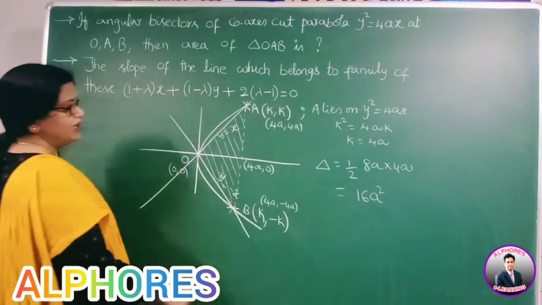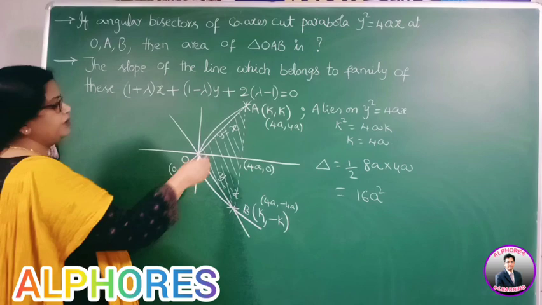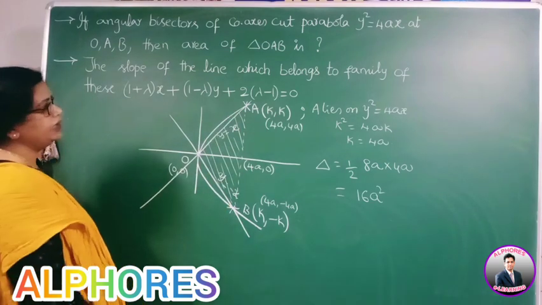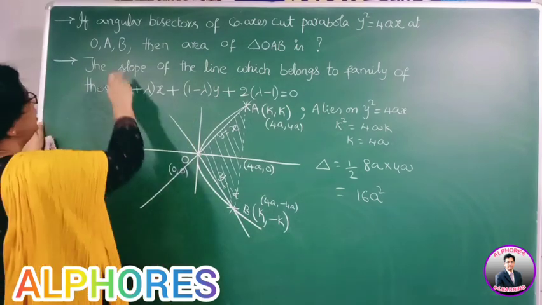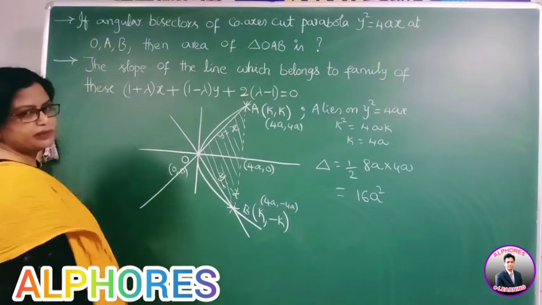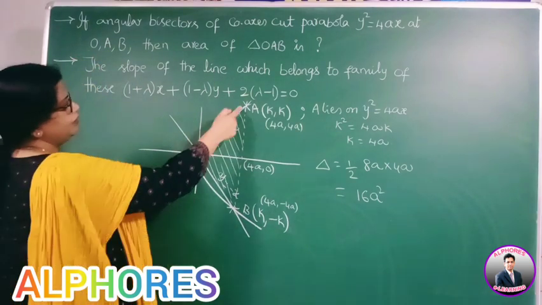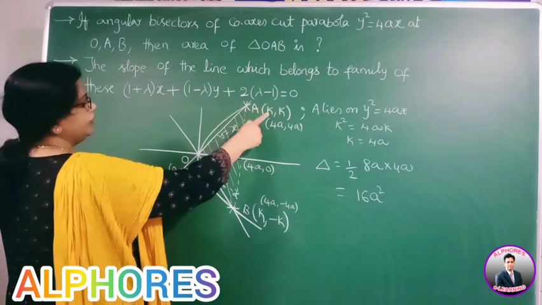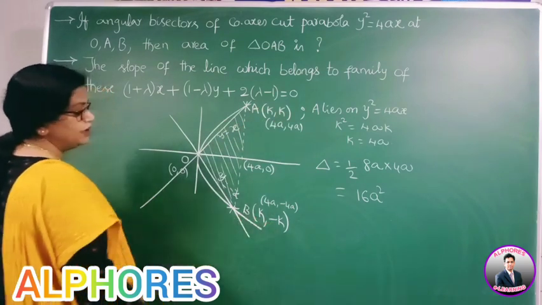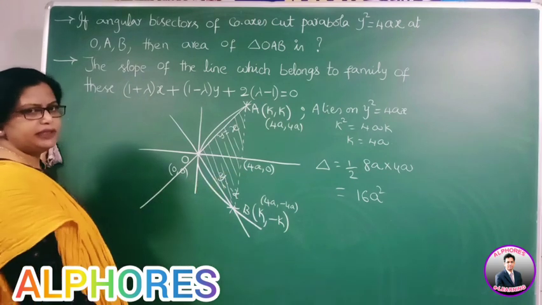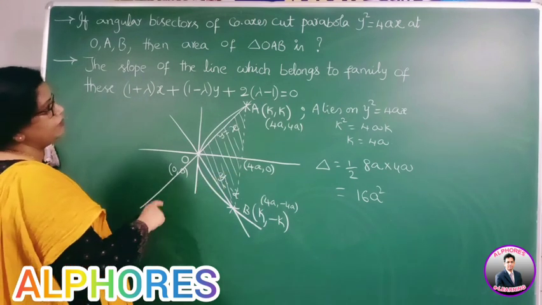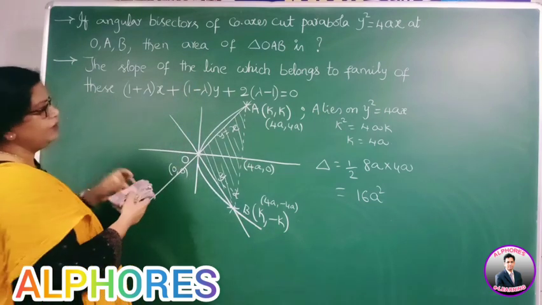So like this, sometimes you can make use of the concept of double ordinate. They said only angular bisectors are cutting the parabola at the points A and B, and of course O is there. Not necessarily k comma k and l comma minus l; if you take that also, the final answer will be the same. So this is the area of triangle OAB.